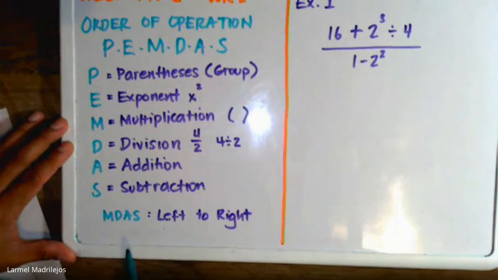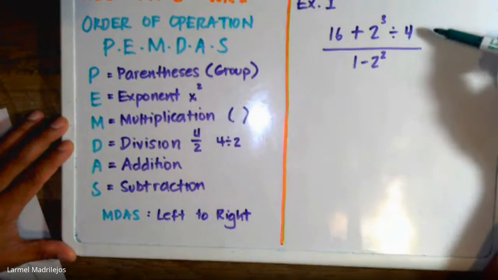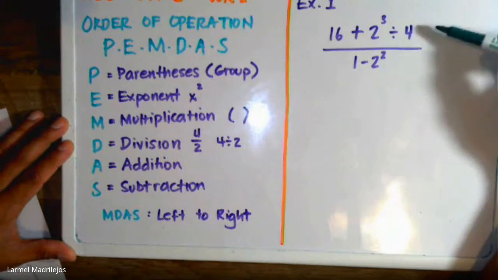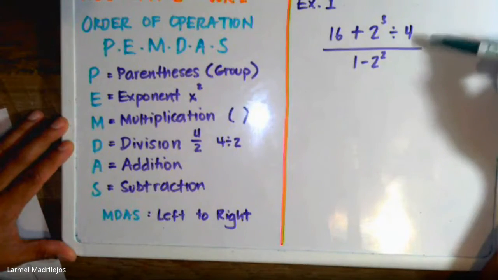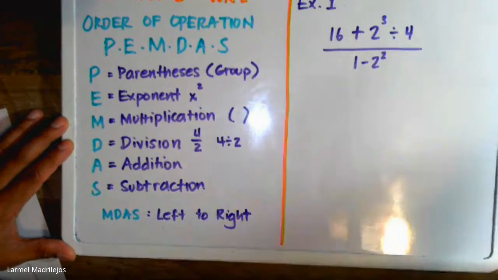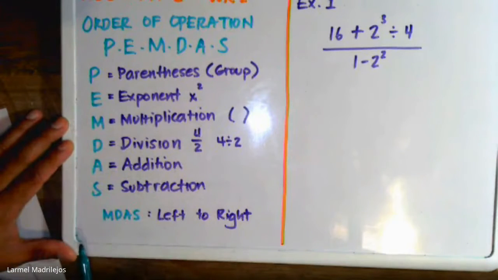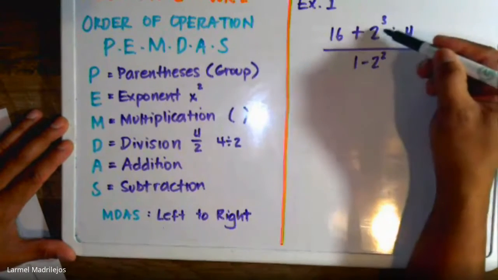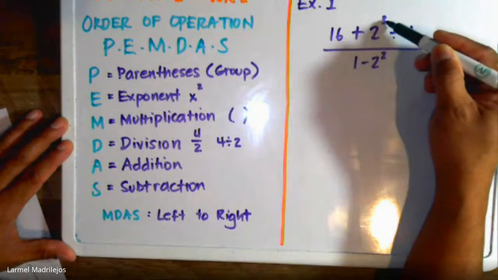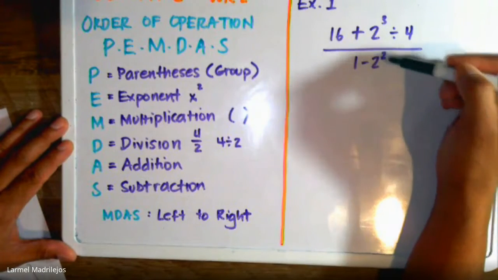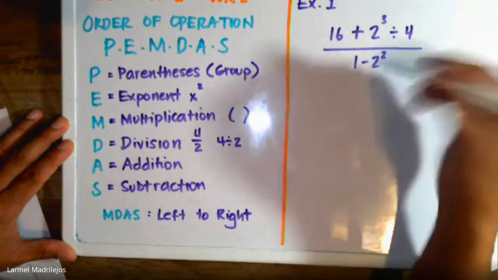I didn't see parentheses, but I see a group of numbers on the numerator and a group of numbers on the denominator, so they are separate. Next, do we see an exponent? Yes, I see 2 raised to 3 and negative 2 raised to 2.